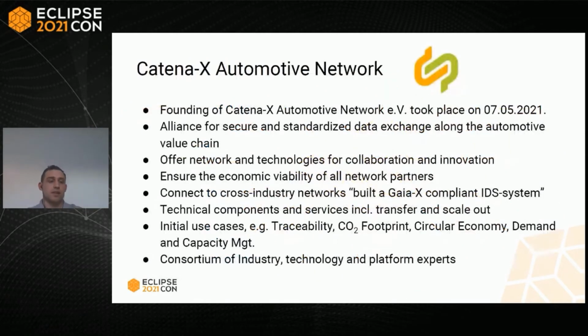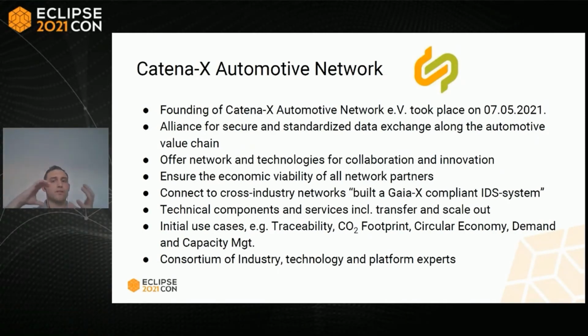And then, as a second example, there's the Catena-X Automotive Network. The Catena-X Automotive Network is relatively new. It was founded in May 2021. It's an alliance, also addressing the different challenges in data sharing and business innovation within the automotive domain, and aims at forming a Gaia-X compliant IDS system.